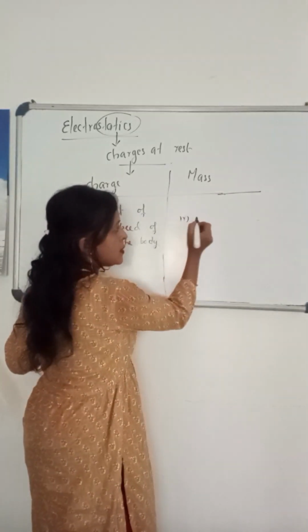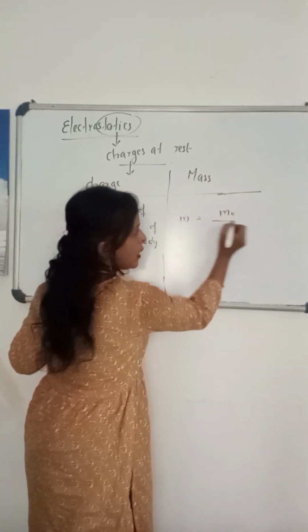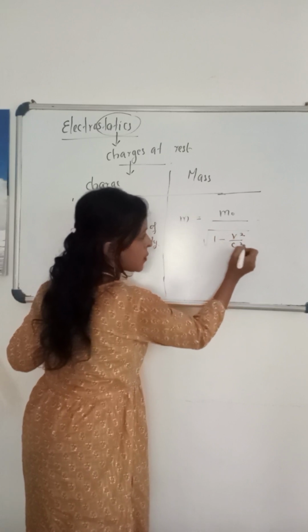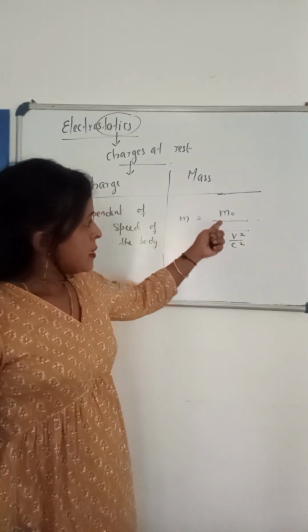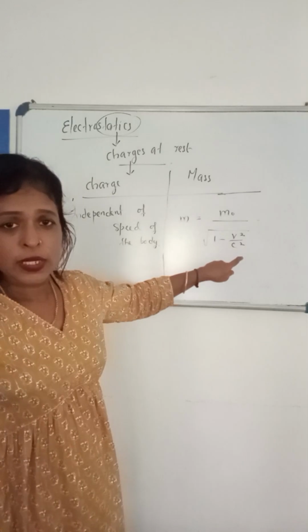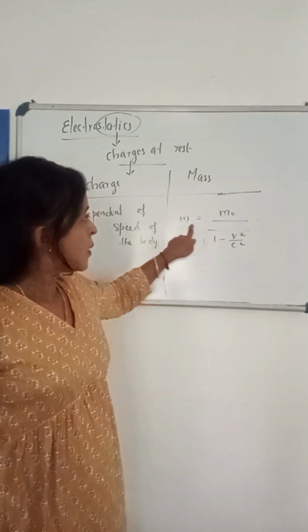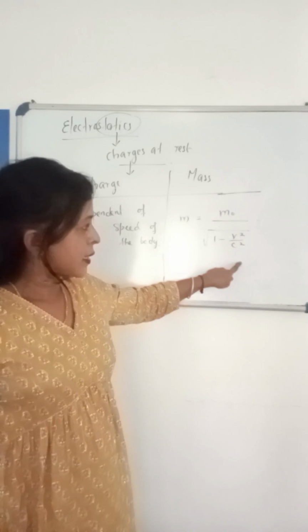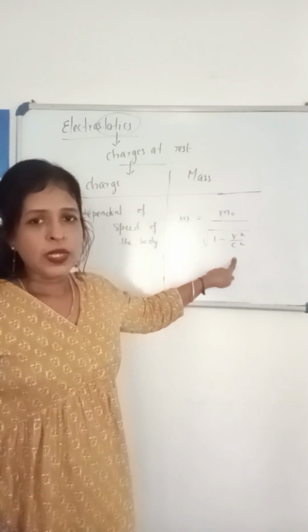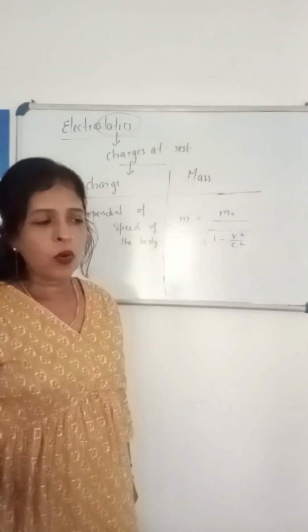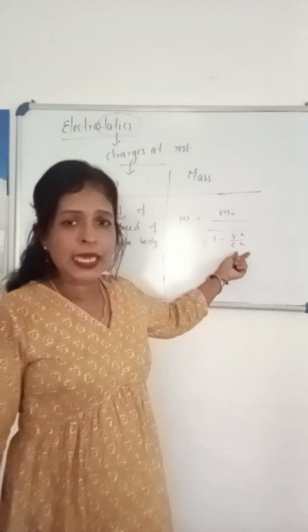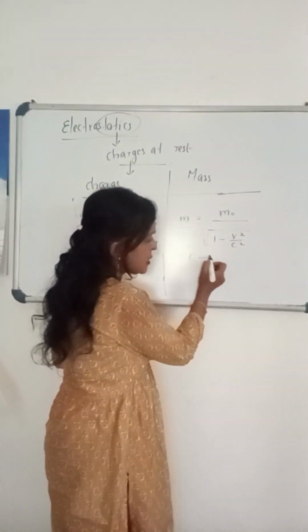Suppose m is the mass, we can write m equals m0 divided by root of 1 minus v square by c square. That means depending upon the speed of the body, the mass can change. If the body is at rest, or if the velocity is comparable to c, where c means the speed of light.